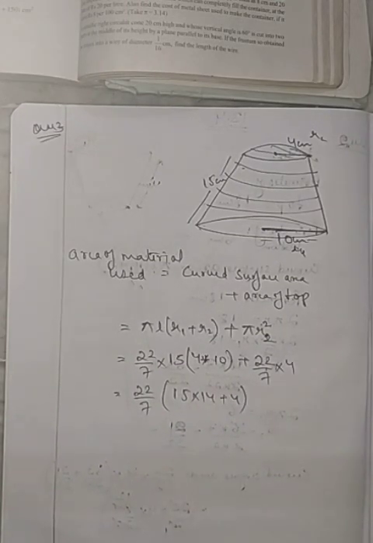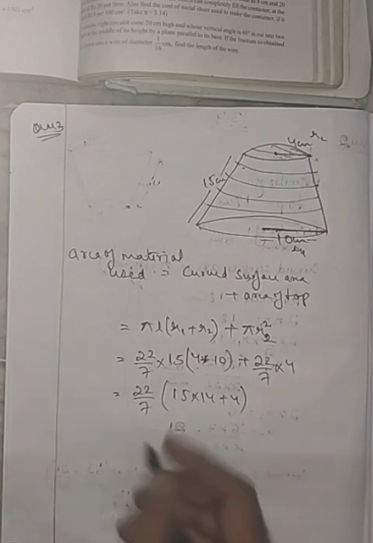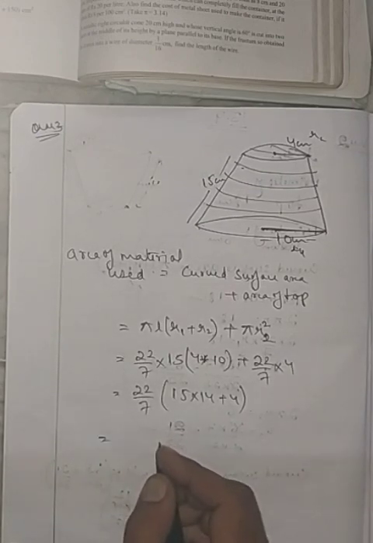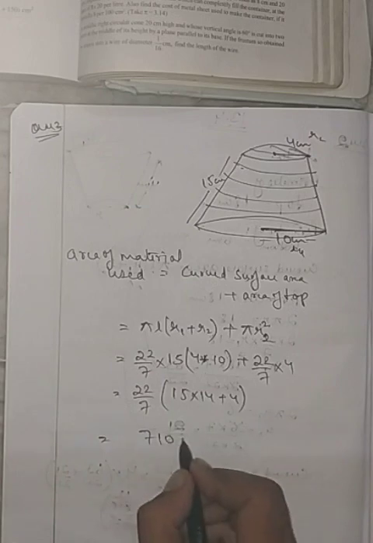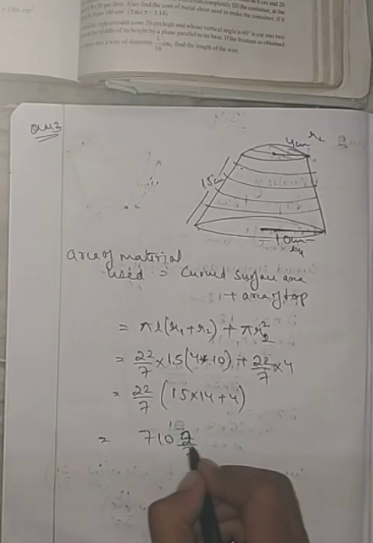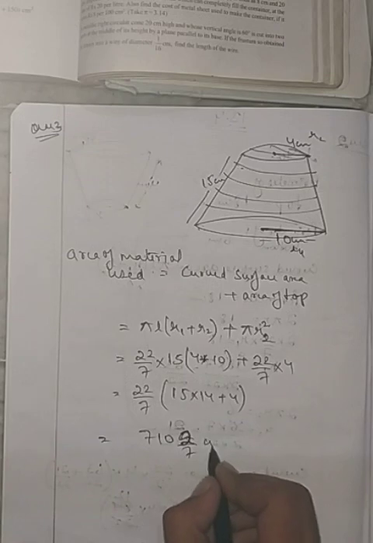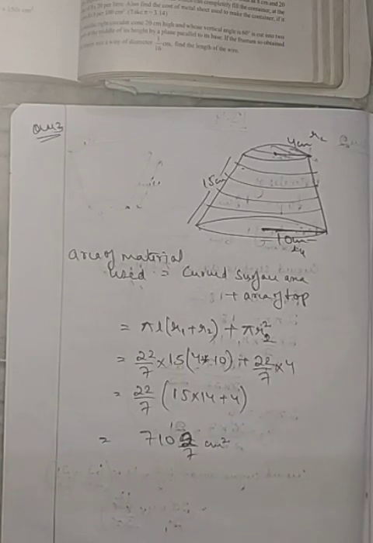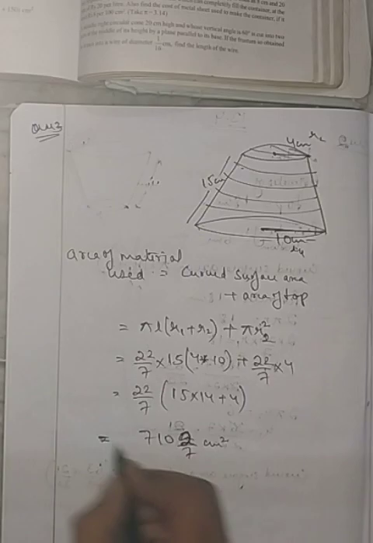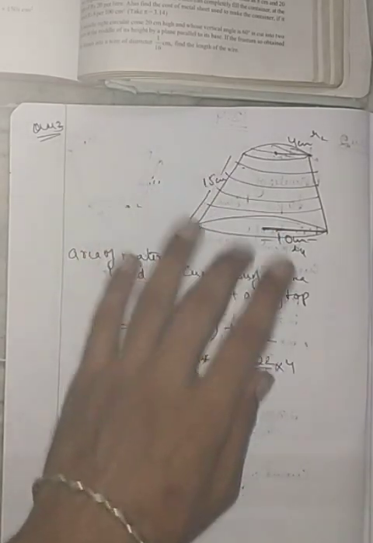After solving this, you will get the answer, 710 2 upon 7, given as a mixed fraction. You will easily get this answer. Centimeter square. So this will be the area of material used. The basic idea is how to calculate the curved surface area, the material used. Now we are going to solve the last question of this exercise, that is question number 5.